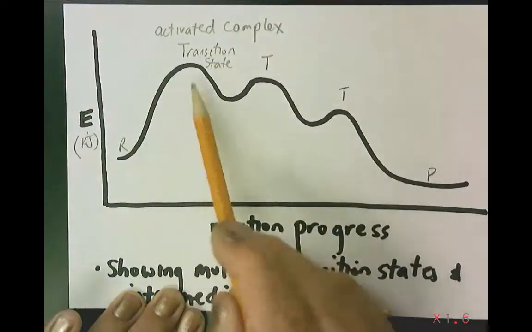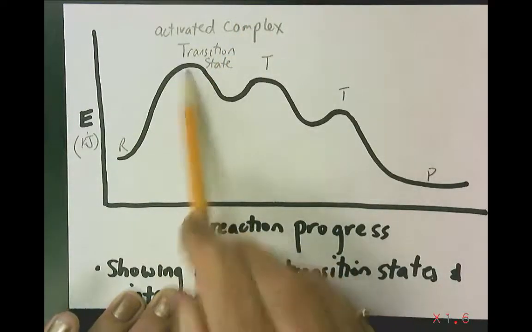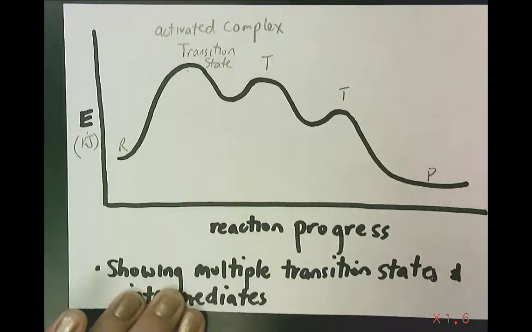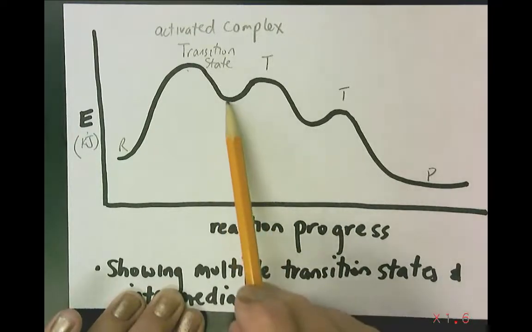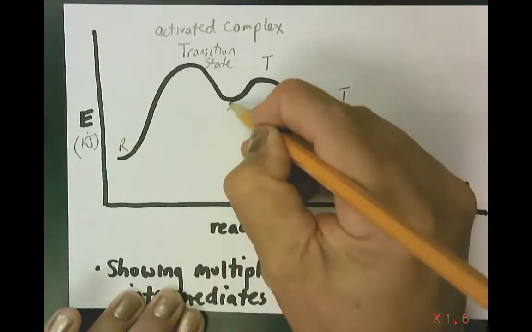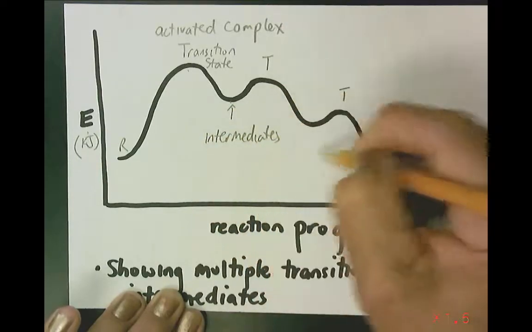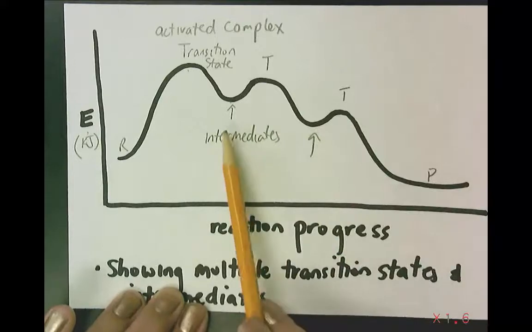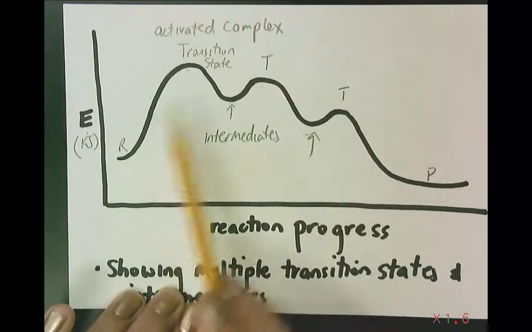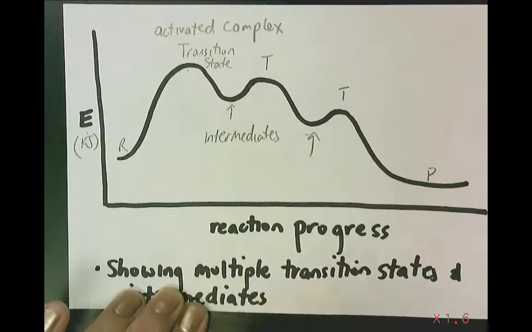That's just a molecule, a substance that forms for a split second on its way to this intermediate. So these are your intermediates. You can see two intermediates are formed in these series of steps, till we get to our product.